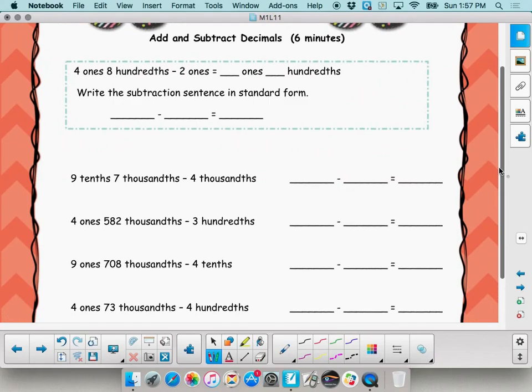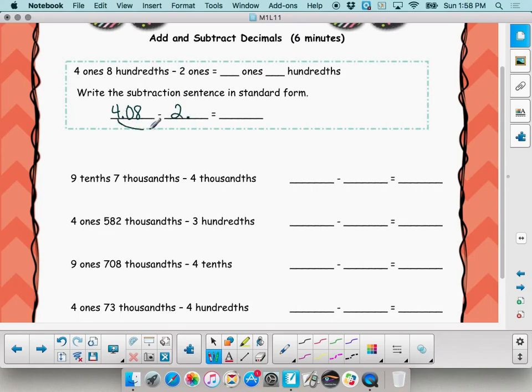So 4 ones, 8 hundredths minus 2 ones. So write the subtraction sentence. So 4 ones and 8 hundredths, I'm going to go ahead and write that now. Minus 2 ones.